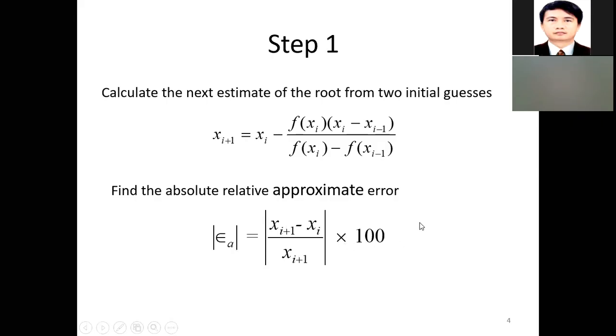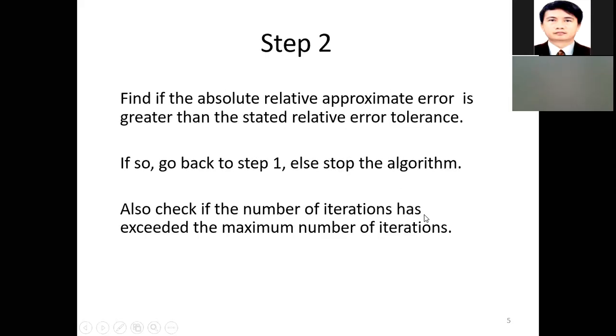In step 2, find if the absolute relative approximate error is greater than the stated relative error tolerance. If so, we need to go back to the previous step. Otherwise, we stop the algorithm. Also, we need to check if the number of iterations has exceeded the number of iterations stated in the problem.